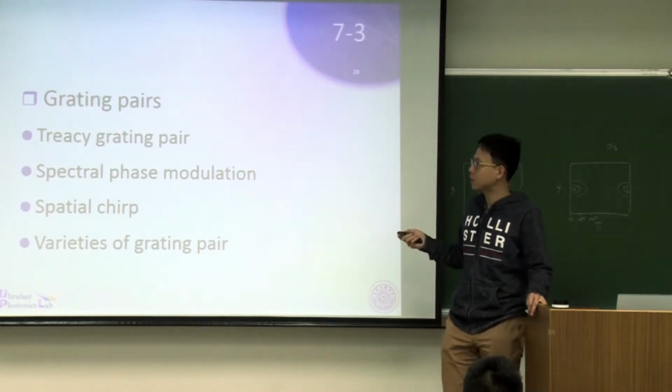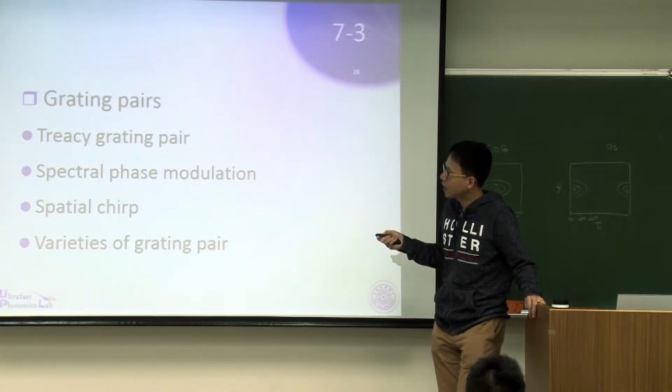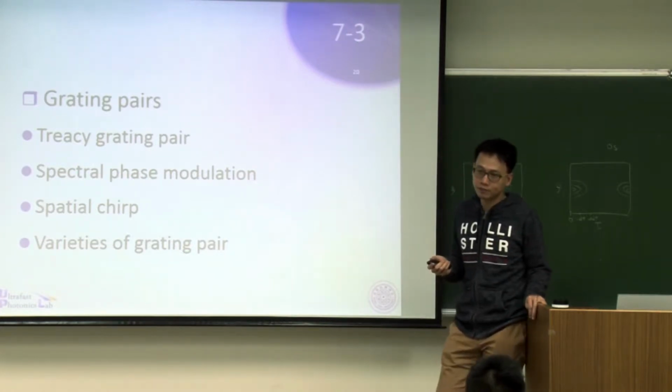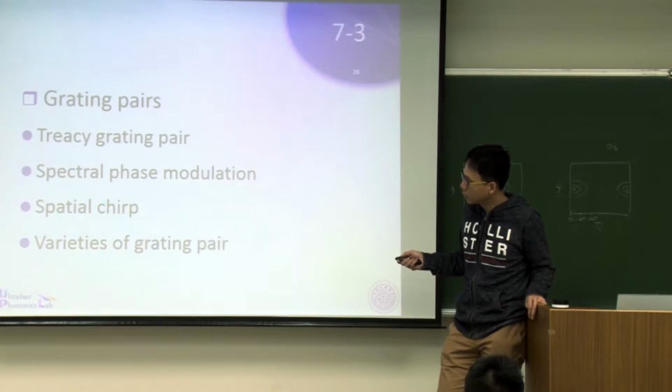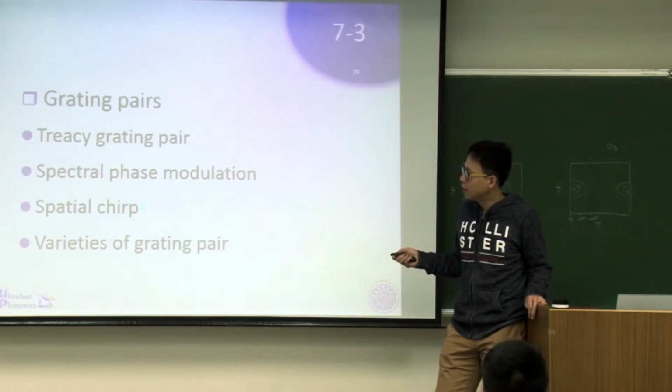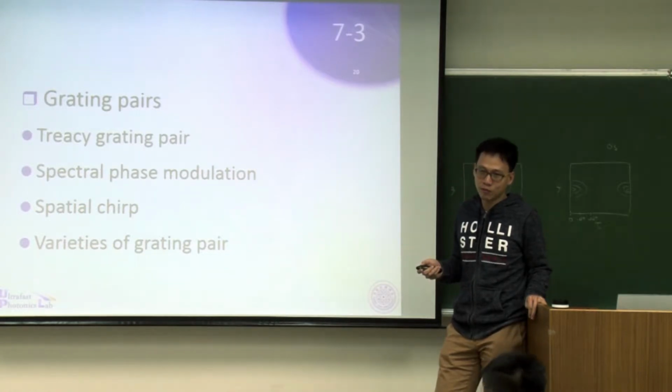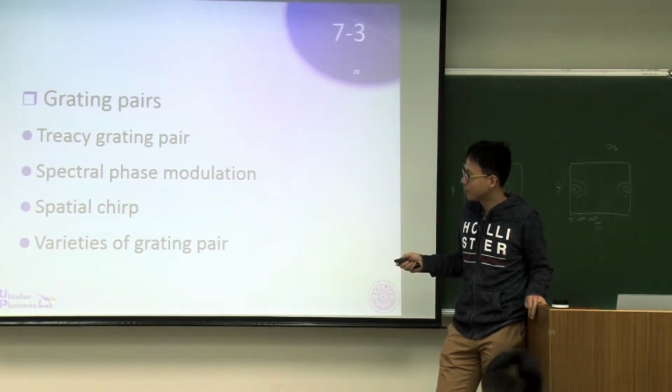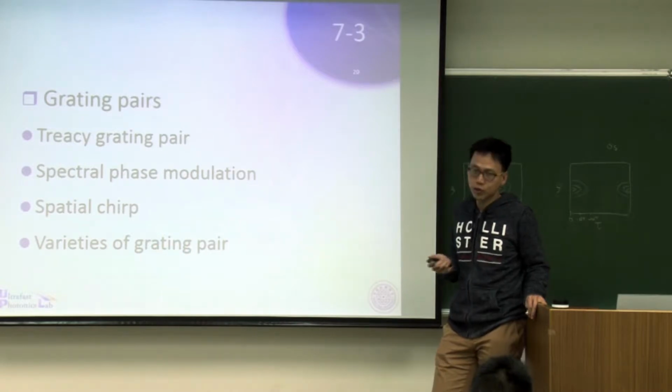We need a grating pair to create the desired spectral phase modulation. We will talk about the spatial chirp. This is a very realistic phenomenon you have to take into account. And the varieties of grating pair.